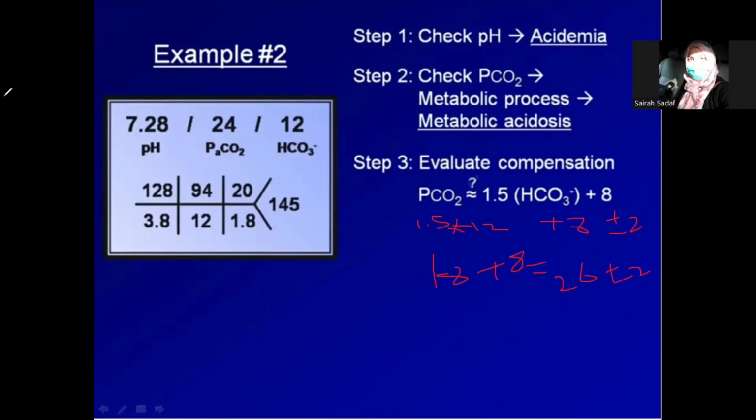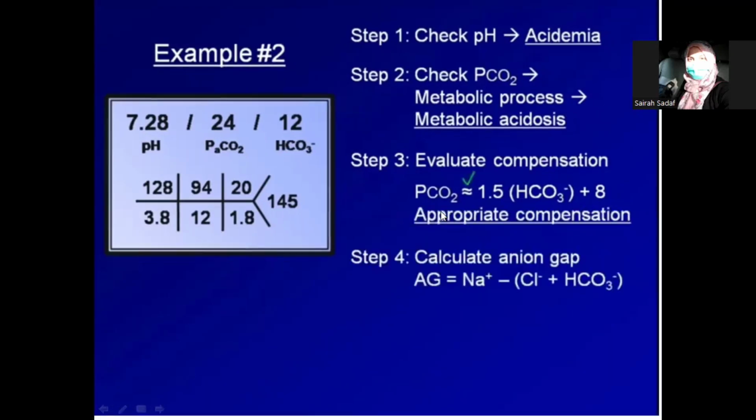Great. Now tell me, what is the anion gap? Now calculate the anion gap. Adnan is saying 22. Okay, let me write it for you. This is 128, then minus 94 plus 12.